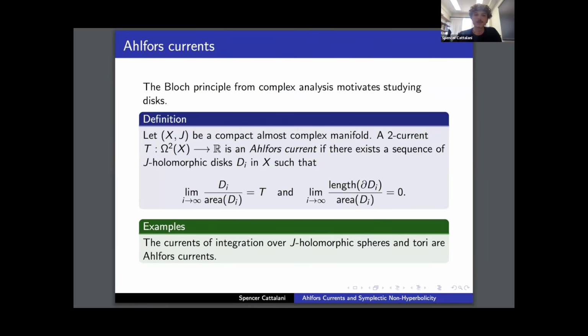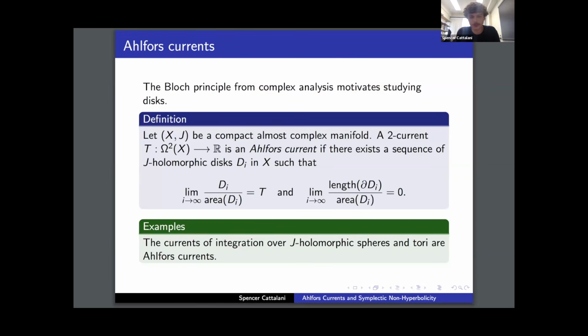Both of these examples are closed, they have homology classes, and this is actually typical for Ahlfors currents. The estimate that the length of the boundary goes to 0 means that the limiting object, the Ahlfors current, has no boundary. So it defines a homology class. You can integrate forms against it, you can take intersection pairings. It has a full life as a topological object.